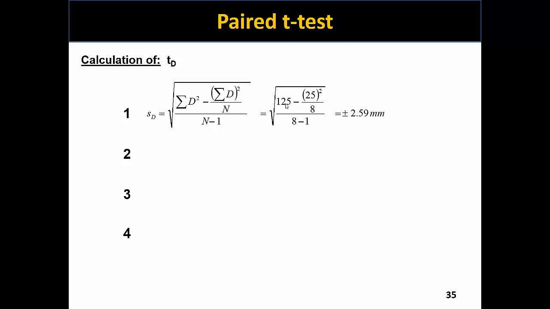And so what I've done here is I've substituted the numbers, and we come up with a standard deviation of the difference scores to be 2.59 millimeters. Once we have this value, we can then move on to the next step in calculating the standard error of the mean differences between the two sets of data.